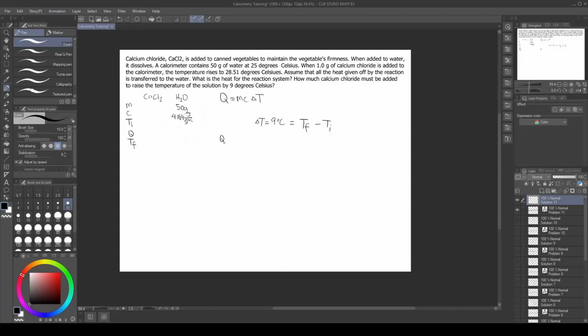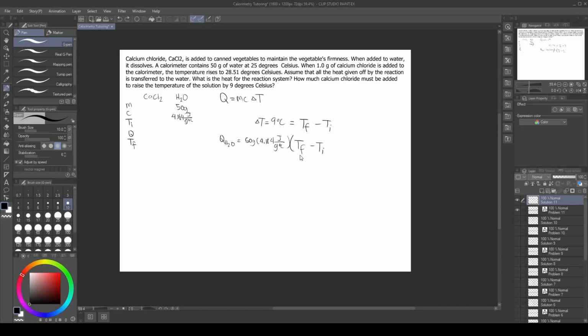The heat of water is equivalent to the mass of water, which is 50 grams, multiplied by 4.184 joules per gram degrees Celsius. And the last part, we have to put final temperature minus initial temperature, right? Again, we don't have to do that because we're already given what the value is anyway, because this is just equal to the 9 degrees Celsius.